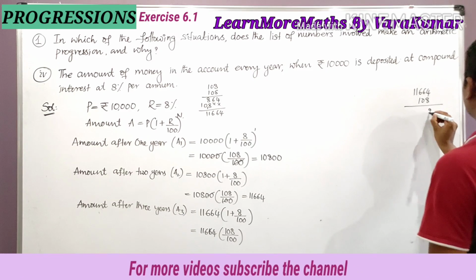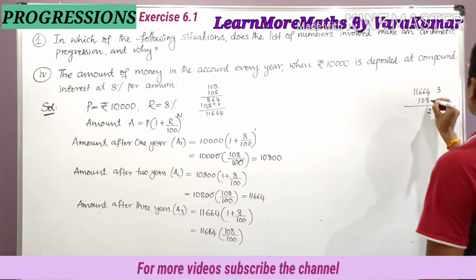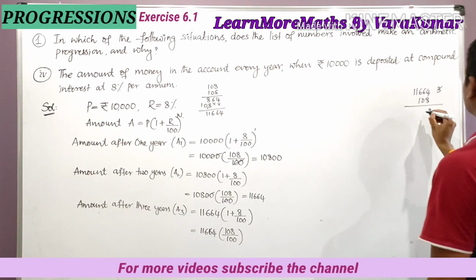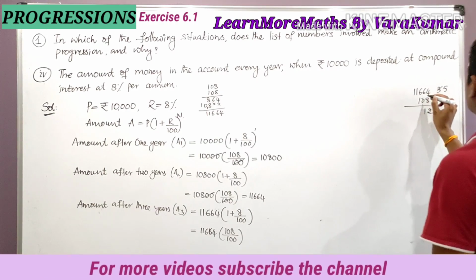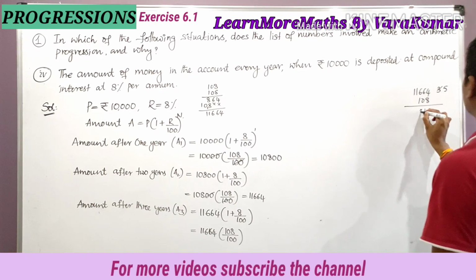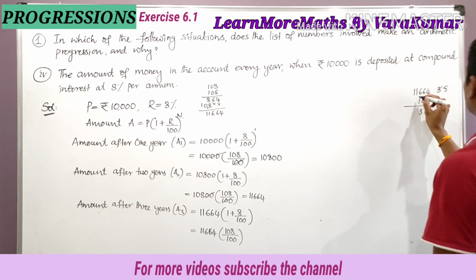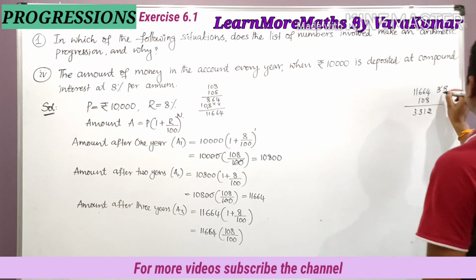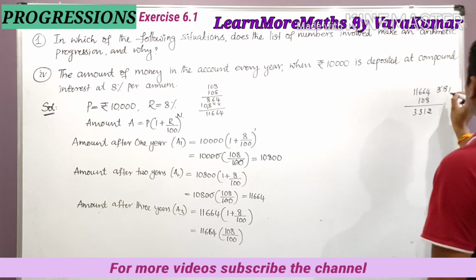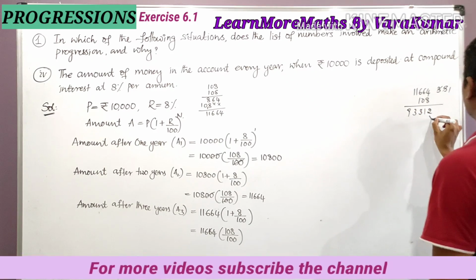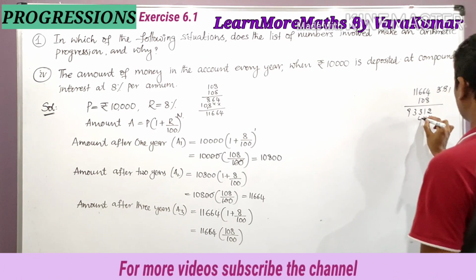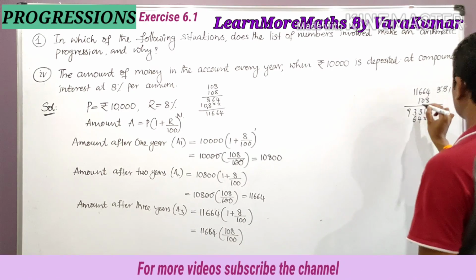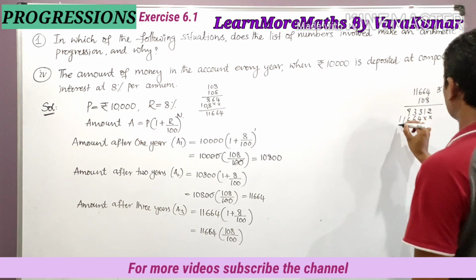8 4s are 32 and 3, student, 8 6s are 48 plus 3, 51, student, 1 and 5. 8 6s are 48 plus 5, 53. Again 8 1s are 8 plus 5, 13. 8 1s are 8 plus 1, 9. Next leave after 2 digits. 1 into 4 is 4, 1 into 6 is 6, 1 into 6, 1 1.